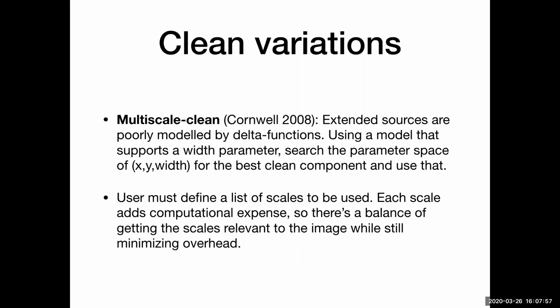And so there's some balance between trying to get all the scales that actually correspond to the actual sizes of things in your image, while trying not to waste computations on sizes that aren't really relevant. And so the net effect is that this becomes very good at picking out these broad extended things.